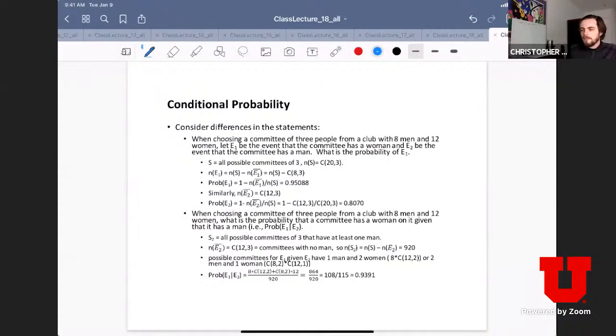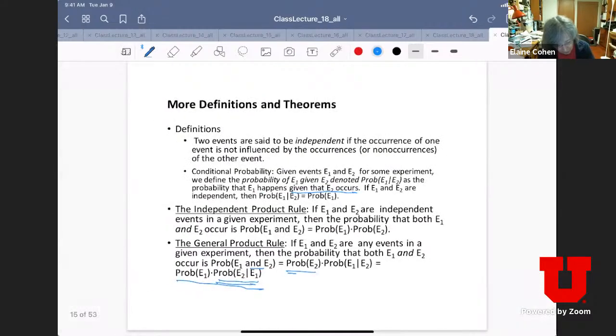So, Professor, I remember some equivalence that probability of A given B was equal to, I think it was A and B over B. Is that the right equation? Look what we have here. Let's go back here.